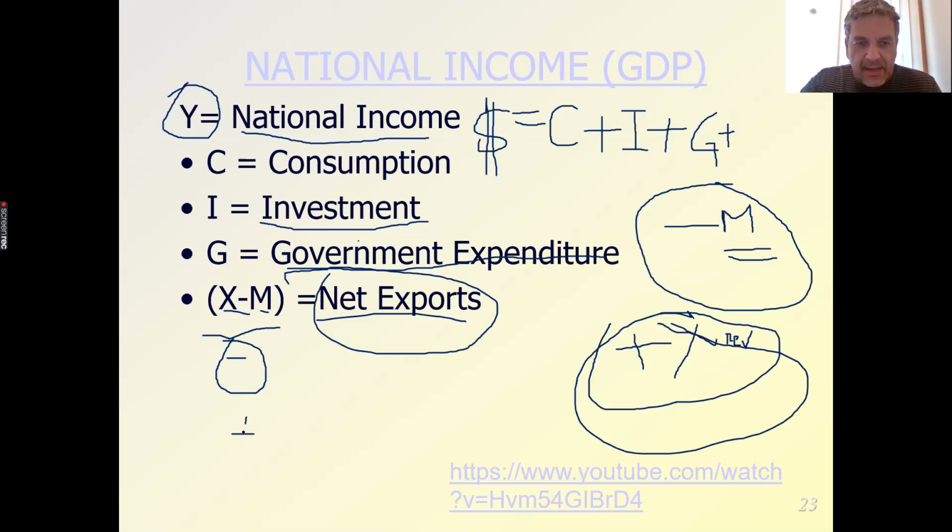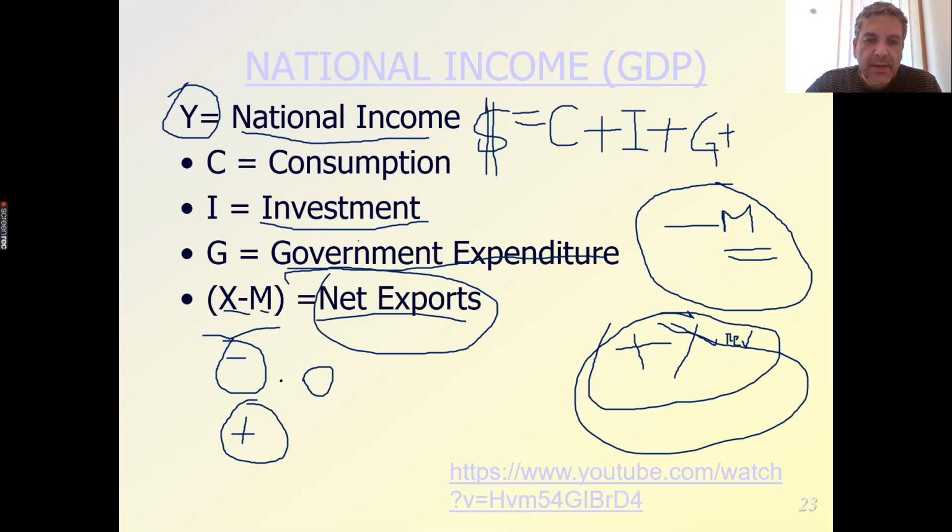If we have a net value of X minus M that is positive, that means the national income is increasing, because we're receiving more money from what we sell to the rest of the world compared to what we spend buying goods from the rest of the world. Some people may say this could be zero.